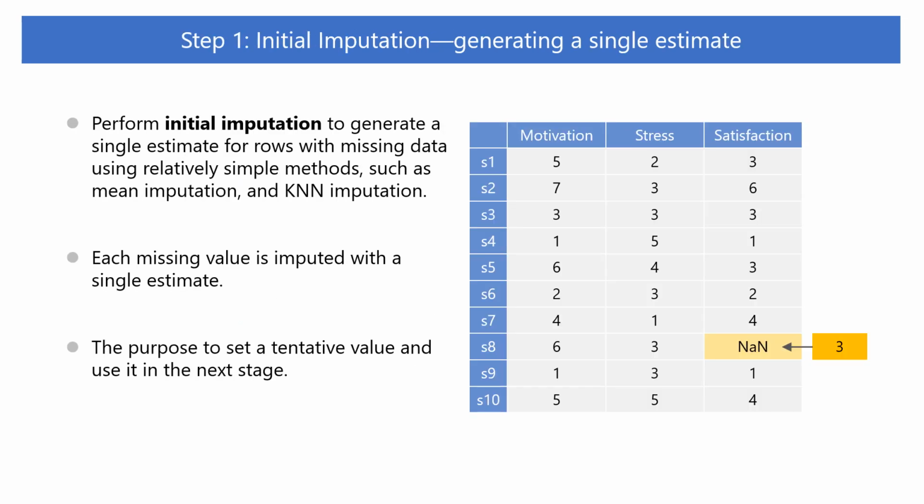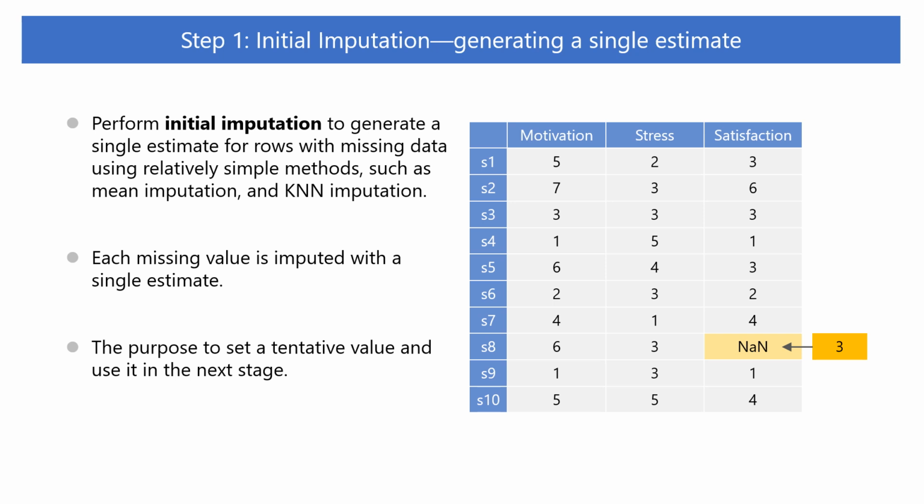First, we perform initial imputation to generate a single estimate for rows with missing data. Initial imputation is often carried out using relatively simple methods such as mean imputation and KNN imputation.